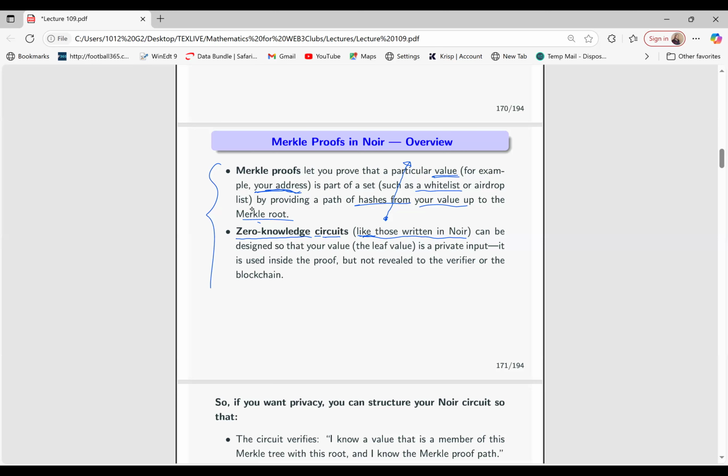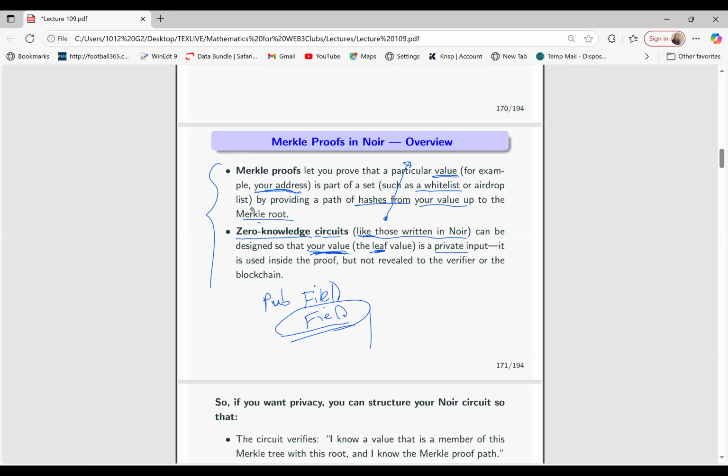I remember we said you use the word pub if the field is public. But if it's private, you just write it without the word pub. So you just leave it the way it is, and then it's understood to be private.